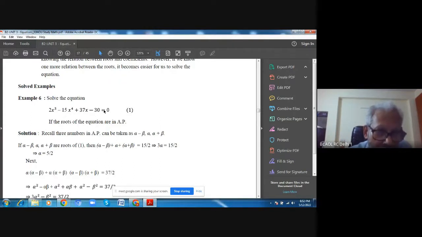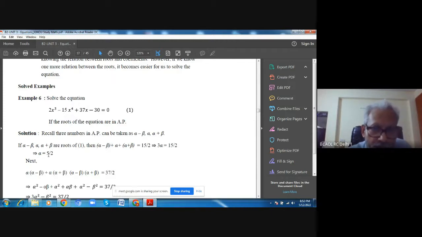So you solve the equation if the roots of the equation are in AP. Always be careful about what the question says, and do accordingly. Here in this case, we are considering the quadratic equation formula.